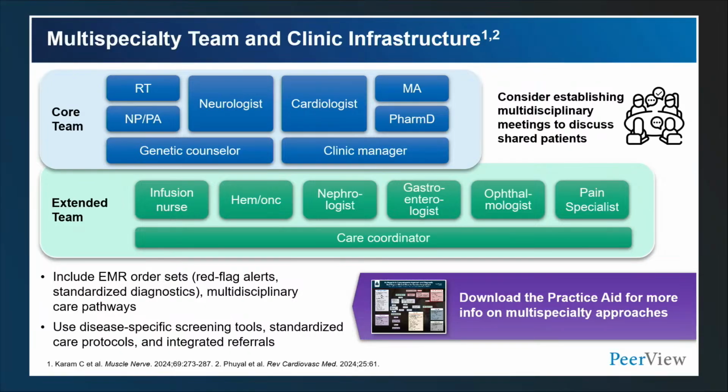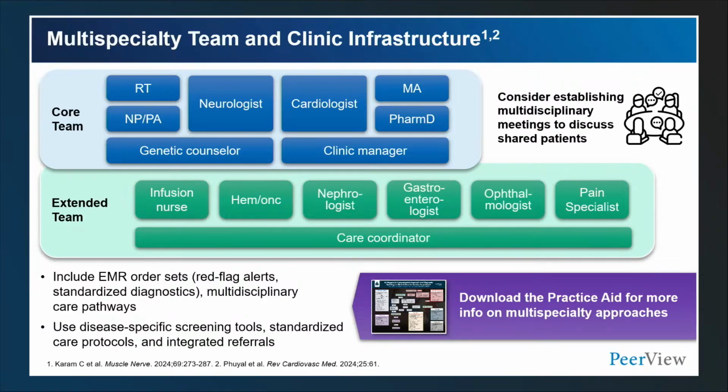So what might the infrastructure of an amyloid center look like? I would say at its core, you probably need a neurologist and a cardiologist, because those are the 2 main people taking care of the organs that are affected the most. It would be helpful, although not 100% necessary, to have many other subspecialties of which we know amyloid affects those organs: hem-onc, nephrology, gastroenterology, ophthalmology, and a pain specialist.